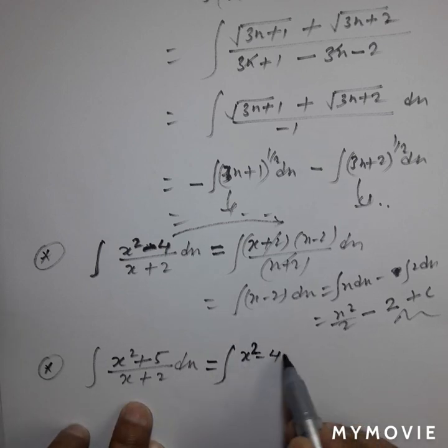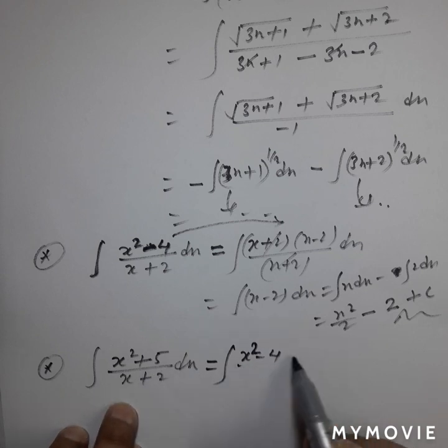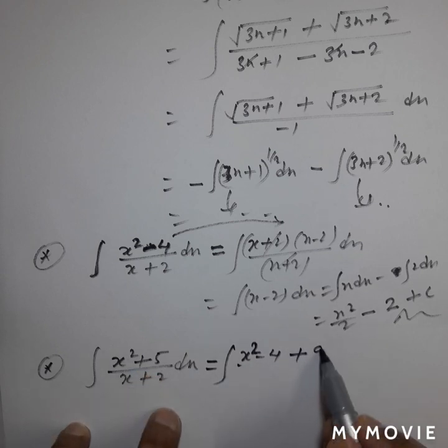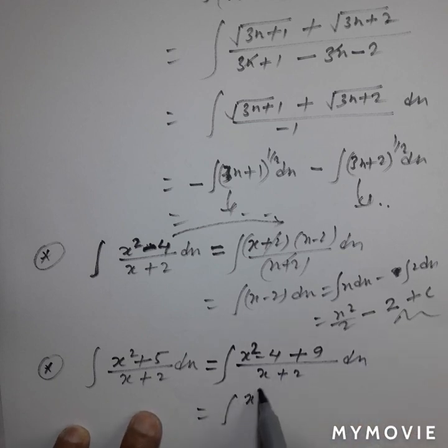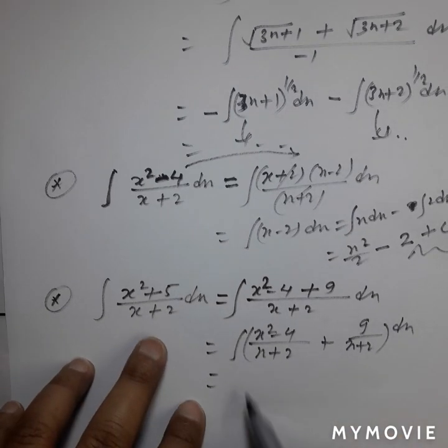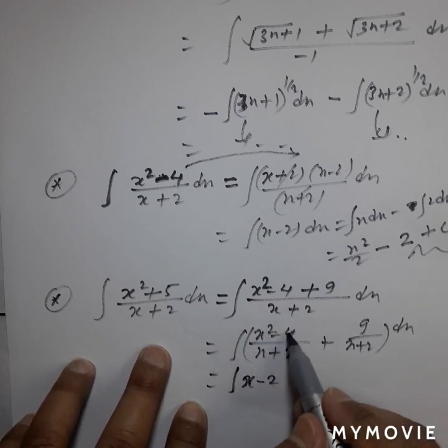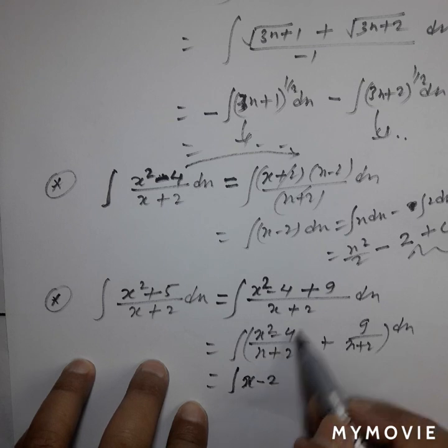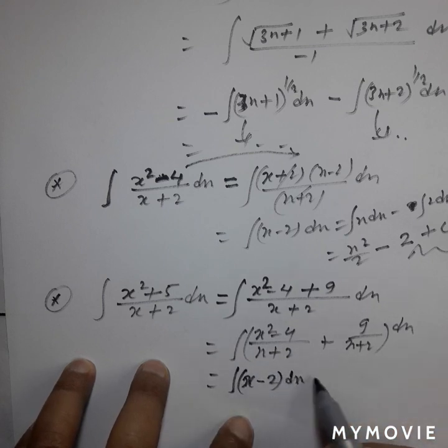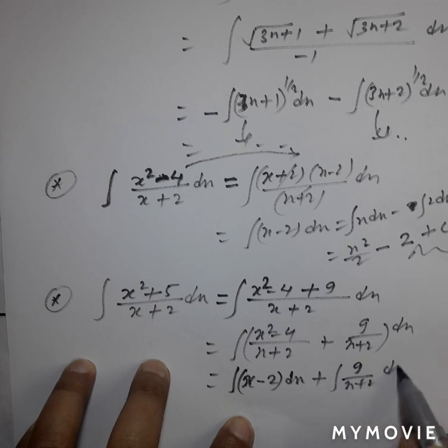If we make x square minus 4, now what is left here? Plus 9 is left. Now we can separate the terms: (x square minus 4) by (x plus 2) plus 9 by (x plus 2) dx, and it became x minus 2, because if we open this formula, then x plus 2 will be cancelled. This is dx plus 9 by (x plus 2) dx.